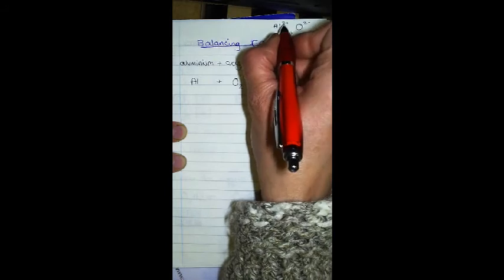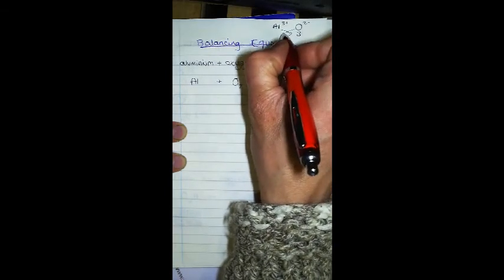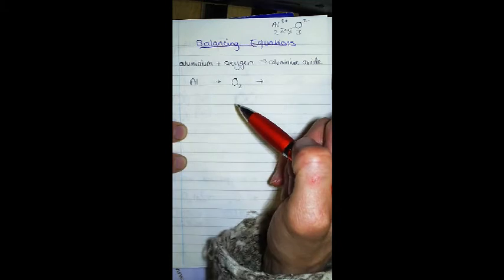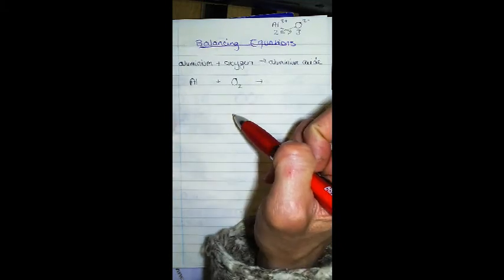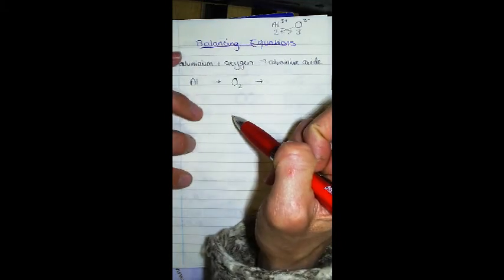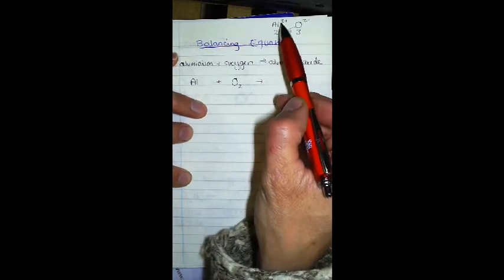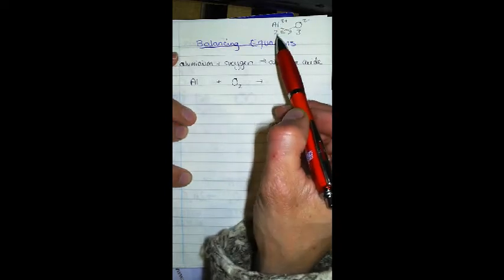Okay? So, if I write down the 3 of the aluminium underneath the oxygen and the 2 from the charge of the oxygen underneath the aluminium, I call this swapping charges, okay? It's a quick way to get the right formula. Because actually what's happening is aluminium's losing 3 electrons.